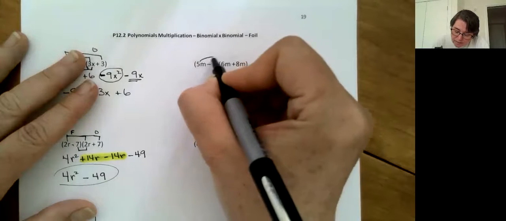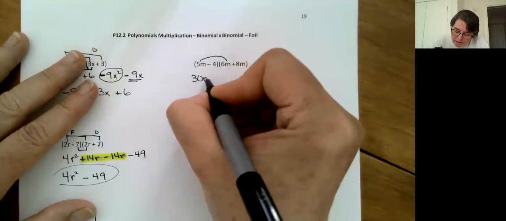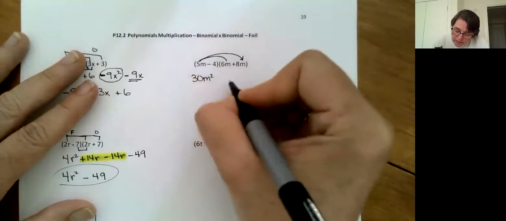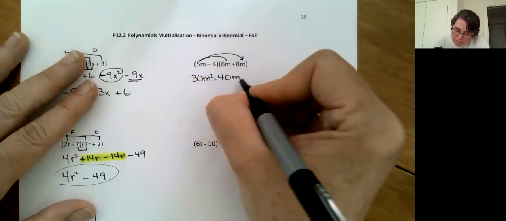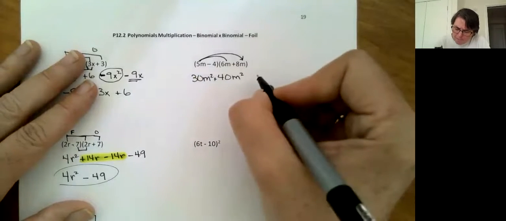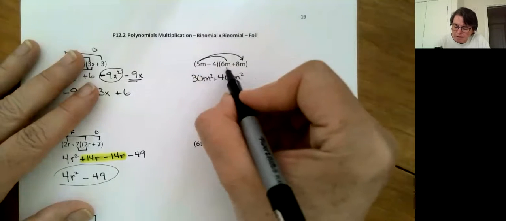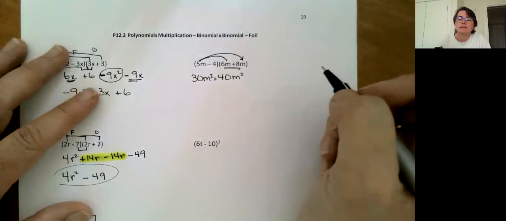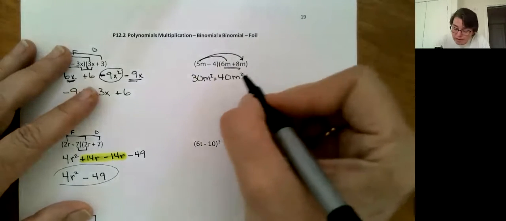All right, let's go up here to this one. 5m times 6m, so first is 30m squared, 5m times 8 is plus 40m. That looks weird. Another tricky question. I probably should have just put those together to begin with, but let's finish it off, and I'll show you how it works either way.